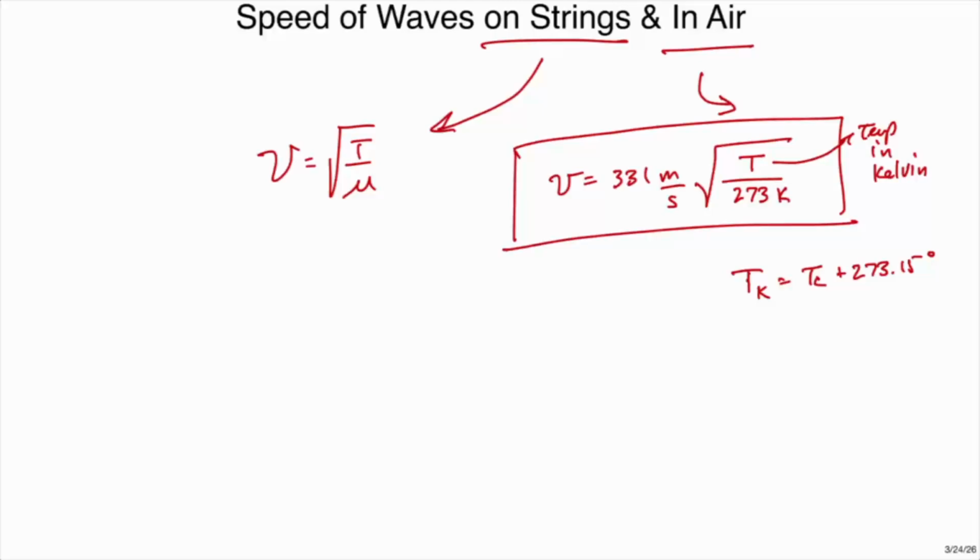If it's room temperature, so here's the big takeaway. We are going to approximate the speed of sound as 343.